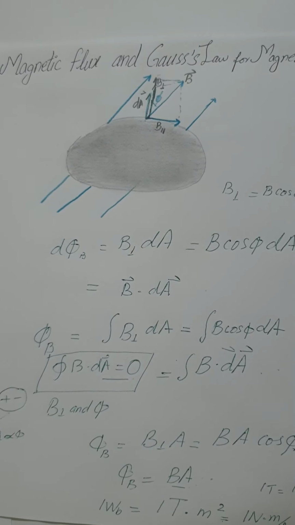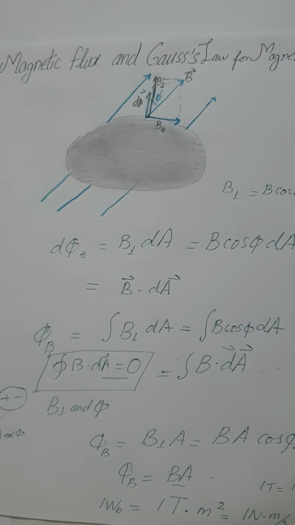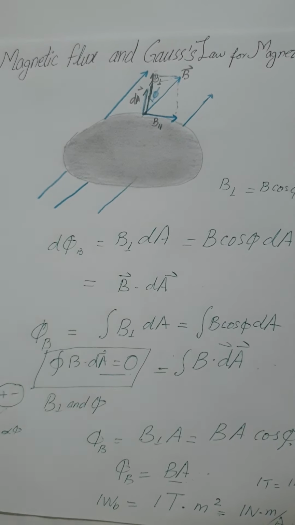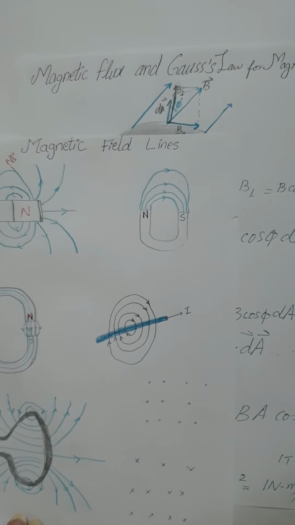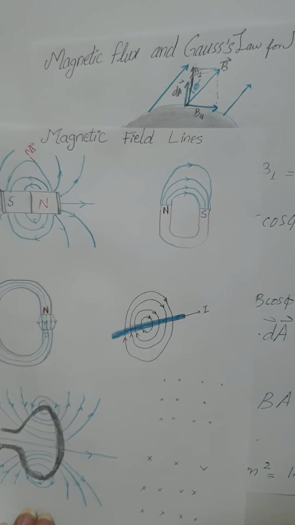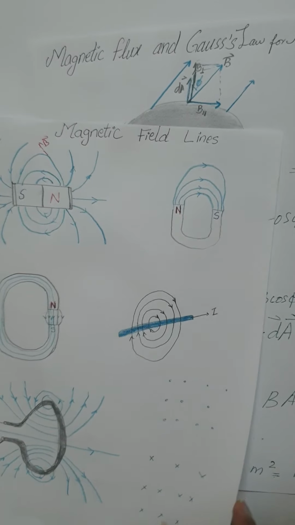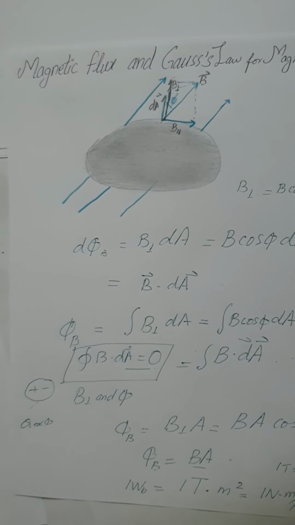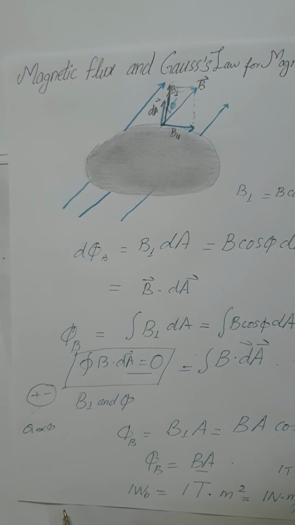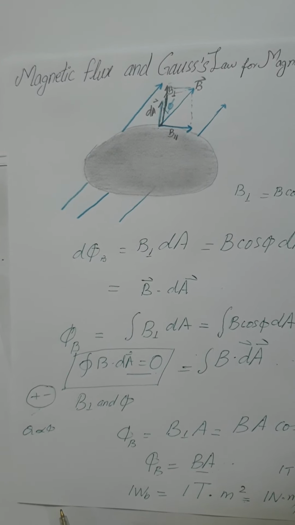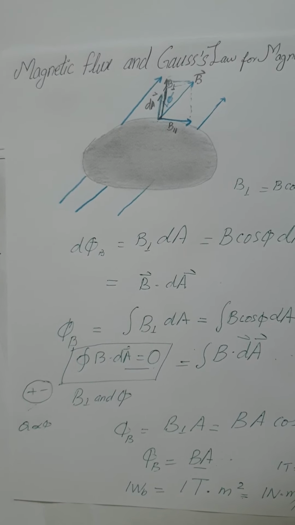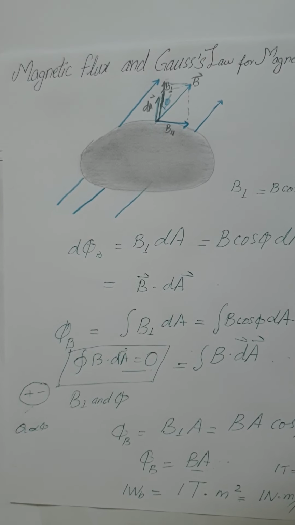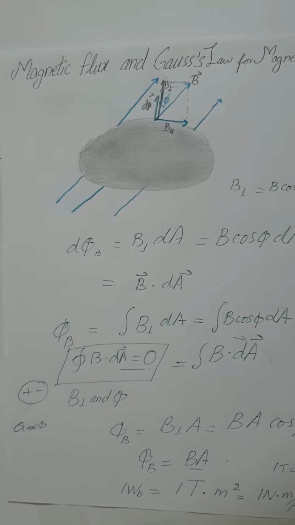And if in these figures, like here, you draw a closed surface anywhere in any of the field maps, then you will see that every field line that enters the surface also exits from it, and the net flux through the surface is 0. So it follows that magnetic field lines always form closed loops.